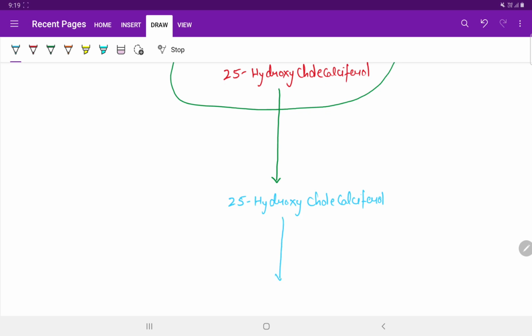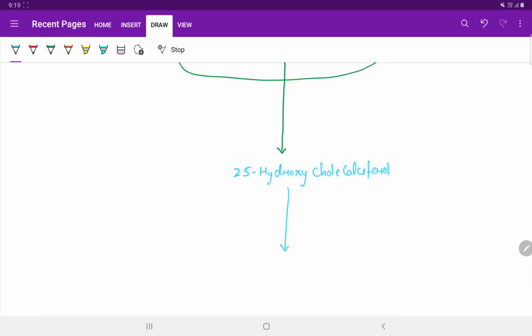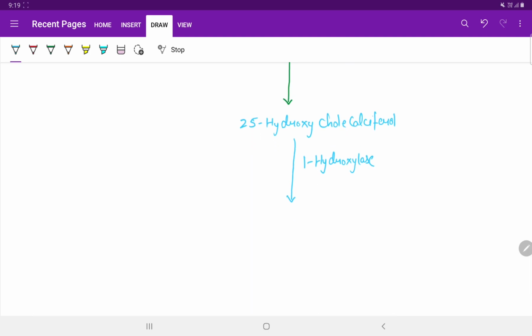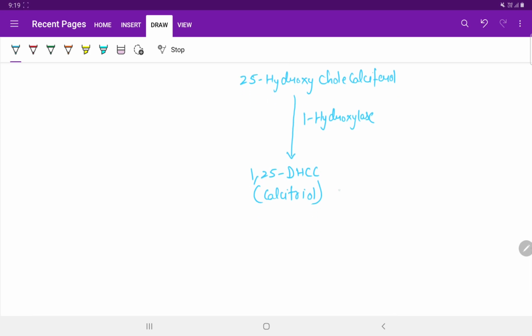Next, in the presence of the enzyme alpha hydroxylase, or 1-hydroxylase, this leads to formation of 1,25-dihydroxycholecalciferol, also known as calcitriol, and this calcitriol leads to absorption of calcium and phosphates.